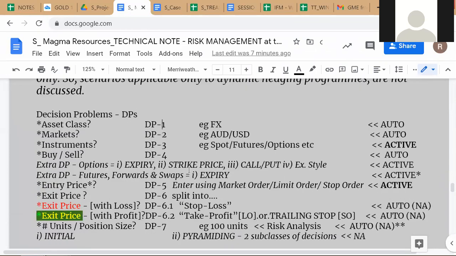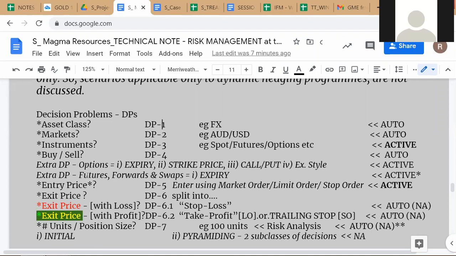When we discussed DP4, we also made a note that in the case of certain types of instruments, like spot instruments, all you've got is a simple buy-sell problem in the case of DP4, and you move on to DP5. But if you're dealing with instruments like futures, forwards, and swaps, you haven't really covered swaps yet, or even forwards, but you have some idea because it's very similar to futures.